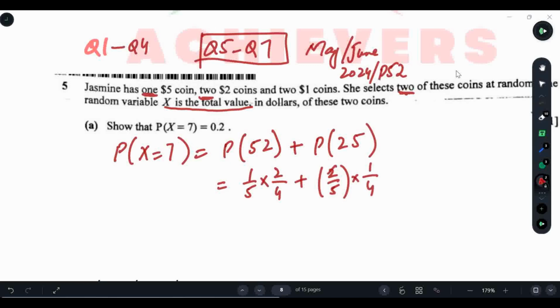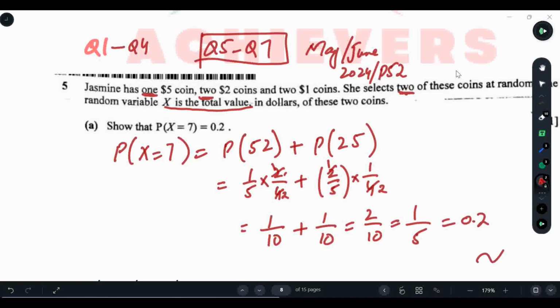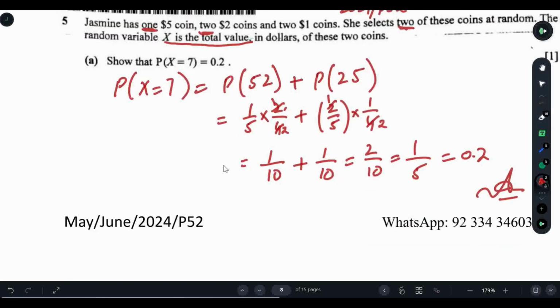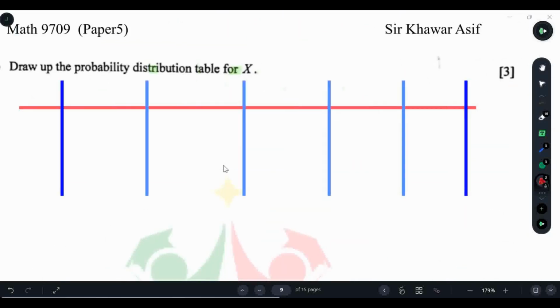Now if you simplify it, this will be 1 by 10 plus 1 by 10, which means 2 by 10, and the final answer will be 1 by 5, which is equal to 0.2. This will be the final answer. Let's move to part B.